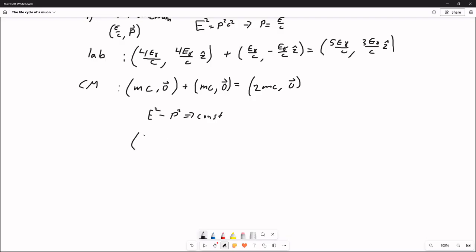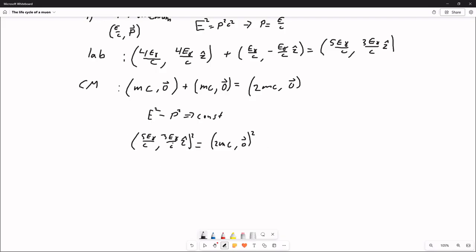So we have 5 E gamma over c, 3 E gamma over c z hat, squared, equals 2mc, 0 vector, squared.